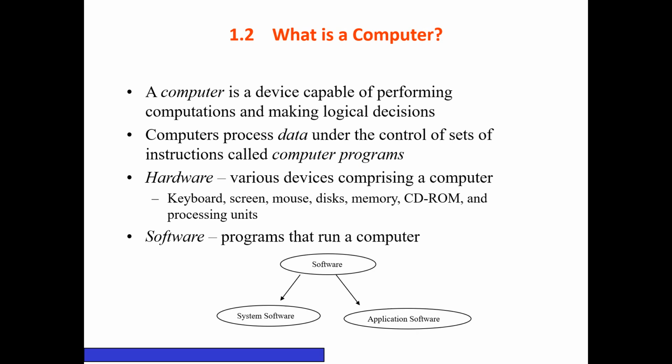Software is the backbone of the computer, which permits us to use the hardware. There are two types of software available on a computer: system software and application software.